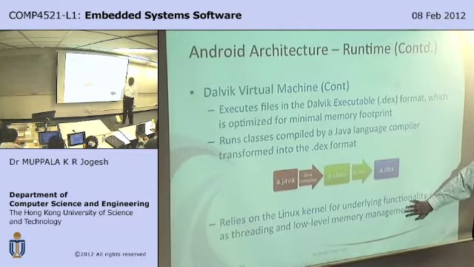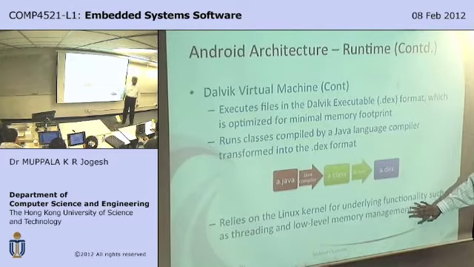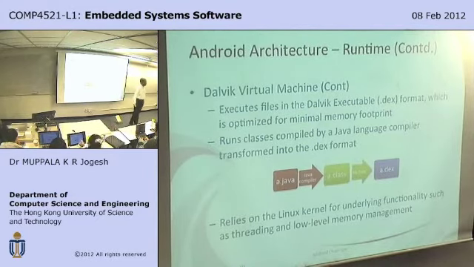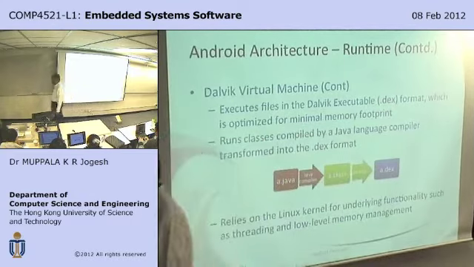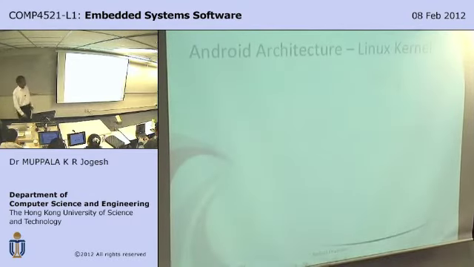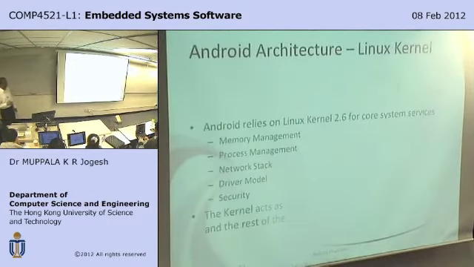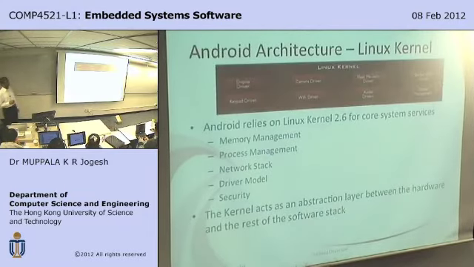Now, underneath, the Dalvik virtual machine expects the hardware to be supported by the underlying Linux kernel. The kernel deals with all the hardware-related functionality, and then exposes a nice, clean interface for users to make use of it. In the operating systems course, you have studied a little bit about kernels and what kernels support.